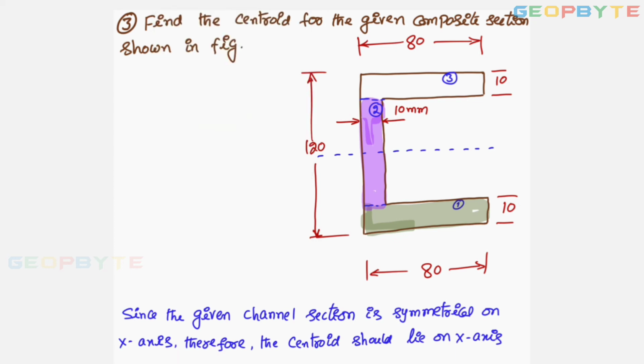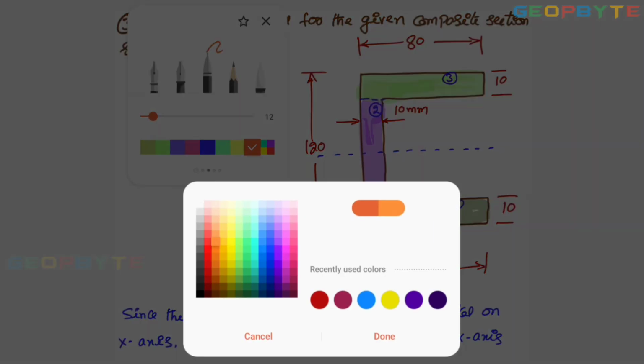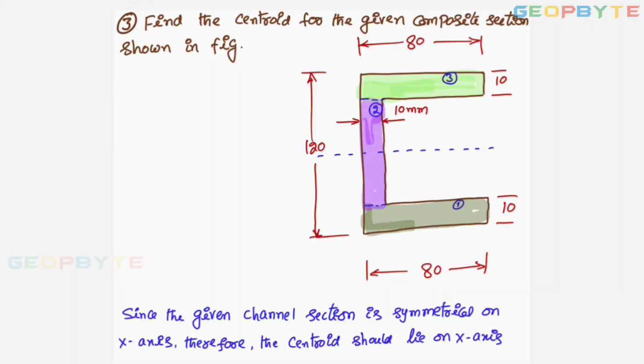This is the section 3. Now let us take the centroid for each and every section.